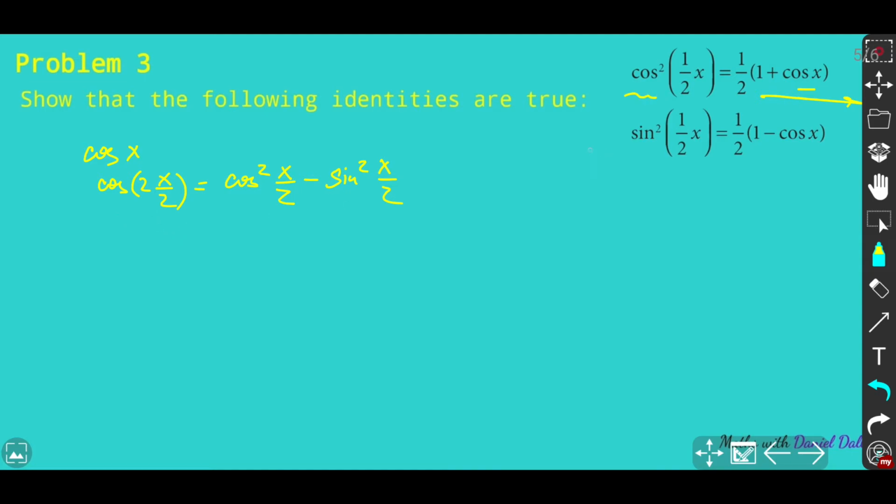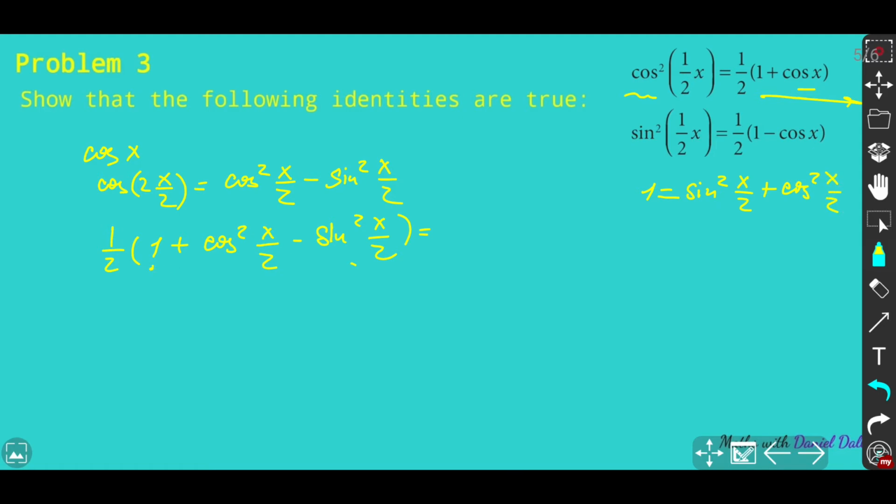Okay, so if you start from the right side, you need to arrive at that. So we'll be working with the right side, and we'll get 1 plus cos squared x over 2 minus sine squared x over 2. Let's simplify, and I again combine the basic trigonometric identity, so you can apply it to whatever angle you have. You can write it even for half of the angle straight away.